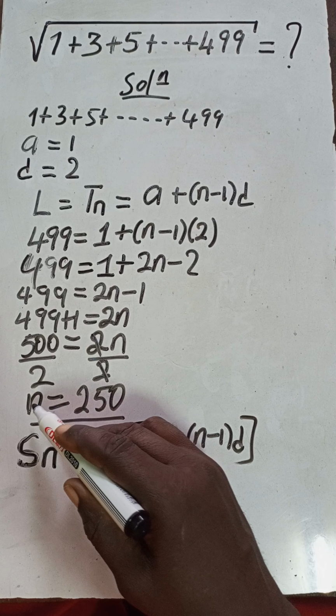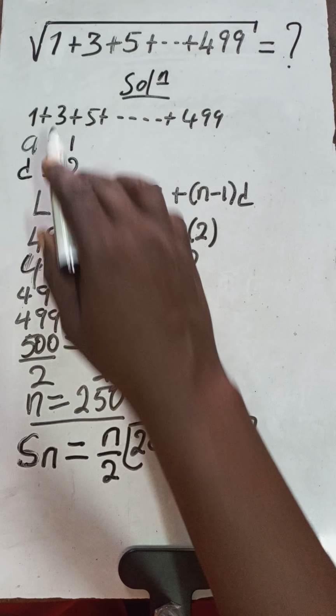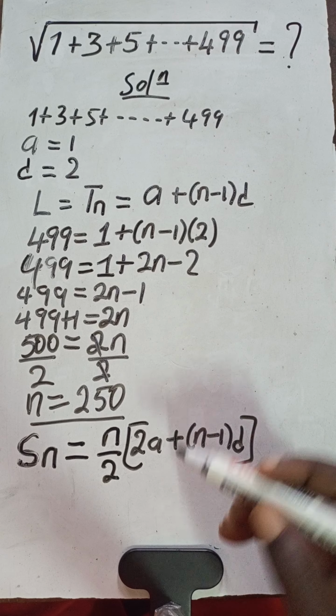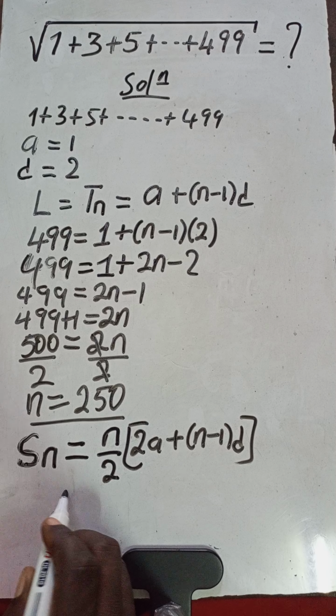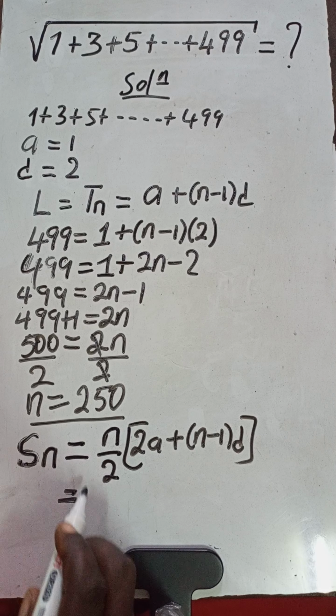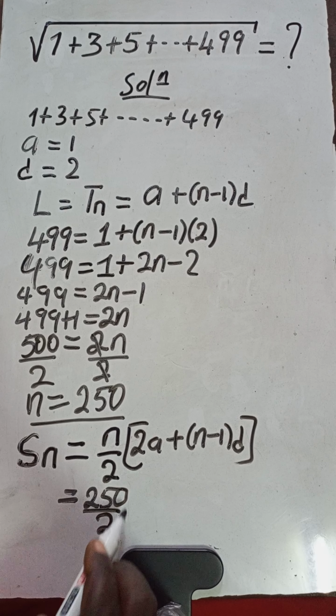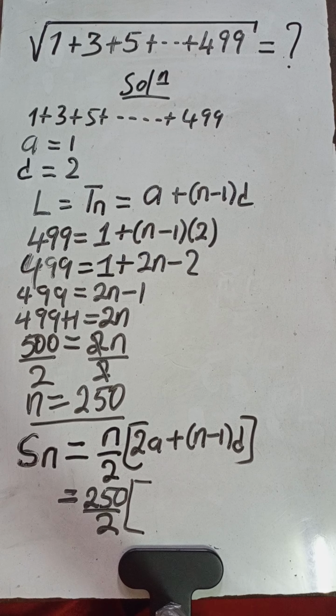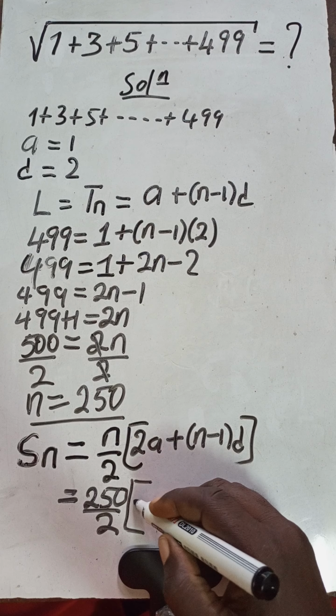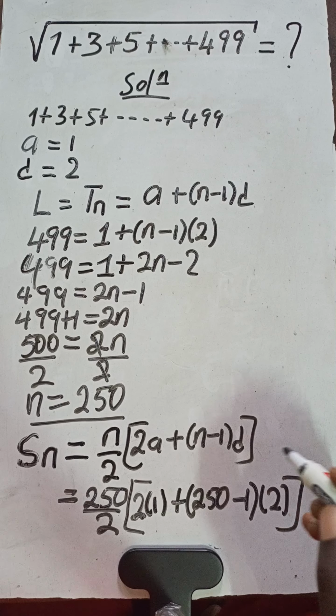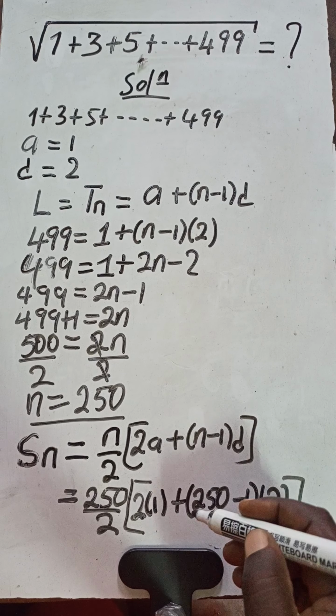Where n is, of course, the number of terms. a, again, is our first term. And d is our common difference. So let's put our values in. n is 250 into 2 multiplied by 1, because our a is 1, plus 250, our n is 250, minus 1 times our common difference. Okay, this is what we get here.